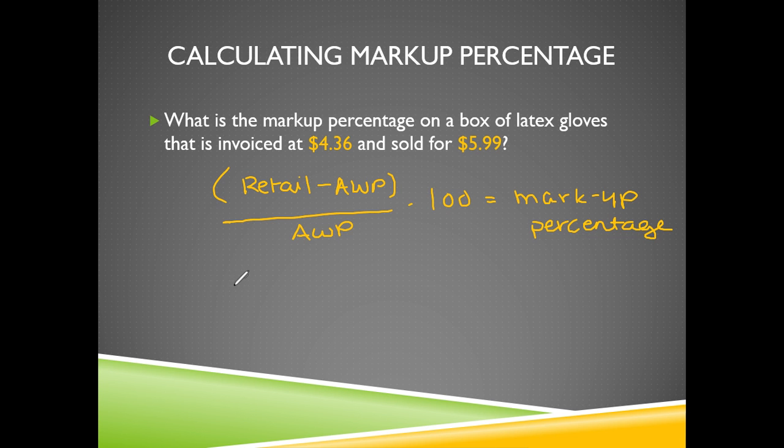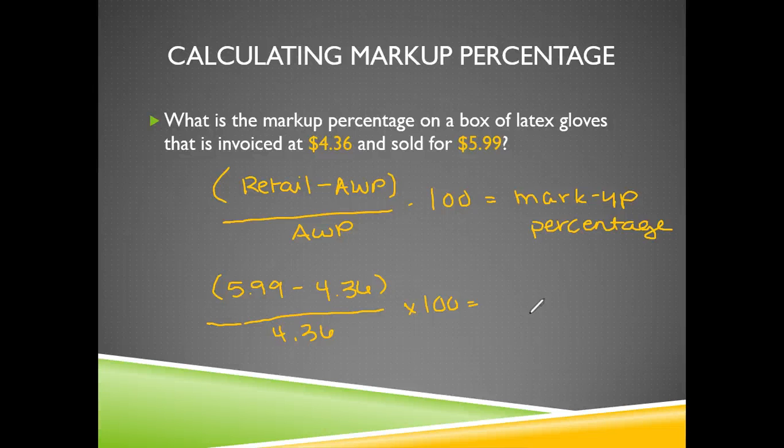It says, what is the markup percentage on a box of latex gloves that is invoiced at $4.36 and sold for $5.99? So the selling price is $5.99. We're going to subtract our invoice, which is $4.36. We're going to divide that by our invoice, which is $4.36, and then multiply by 100. So when I put this into my calculator, I'm going to take $5.99 minus $4.36.